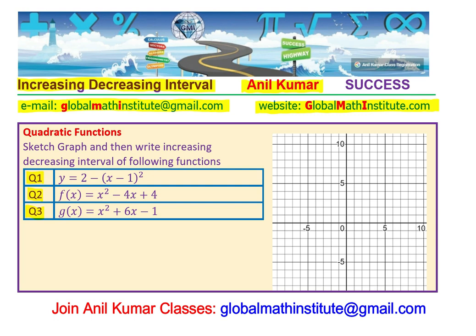Well, as you know, parabola is the graph for any quadratic function which can open downwards or upwards. So clearly, from the vertex, the increasing and decreasing intervals are defined.